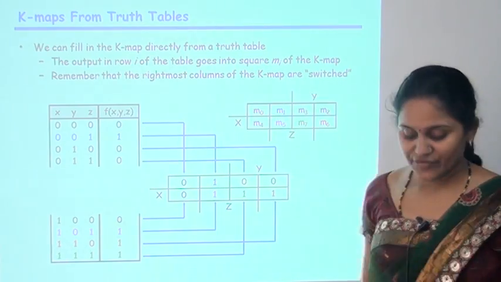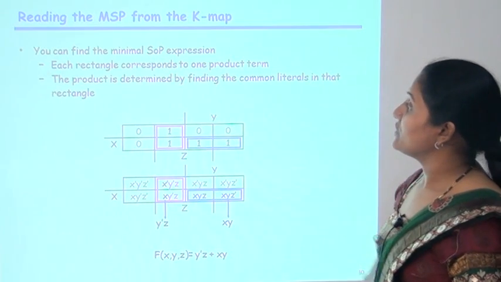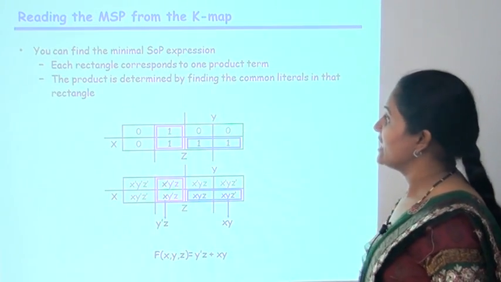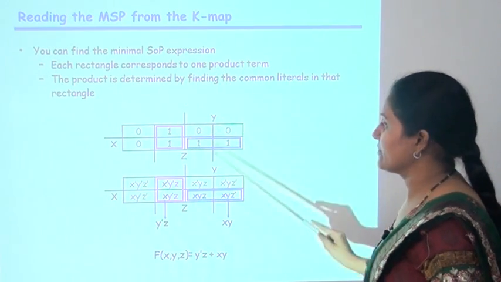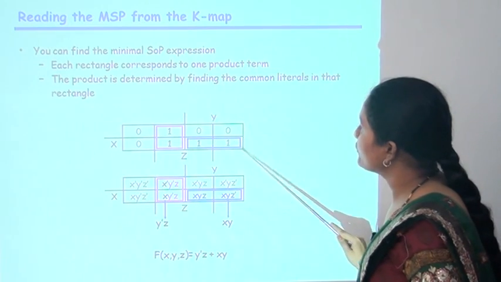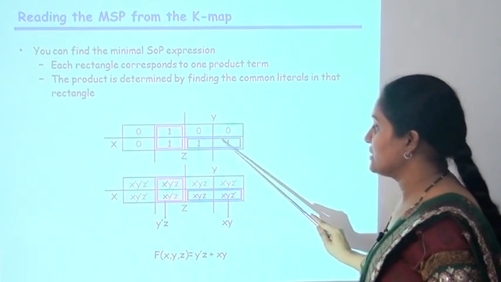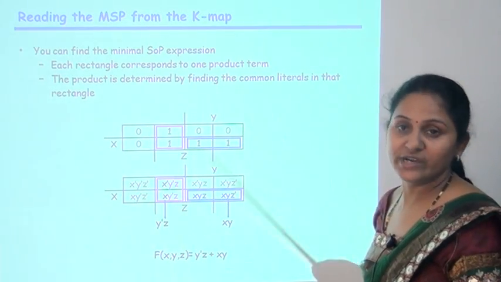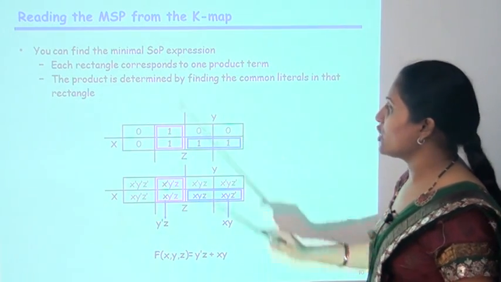So using this we can find the minimal sum of products expressions. Each rectangle corresponds to one product term. Here we will consider only the 1 terms and we don't bother about the 0 terms. We have to focus only on the 1s and the minimum number of literals.